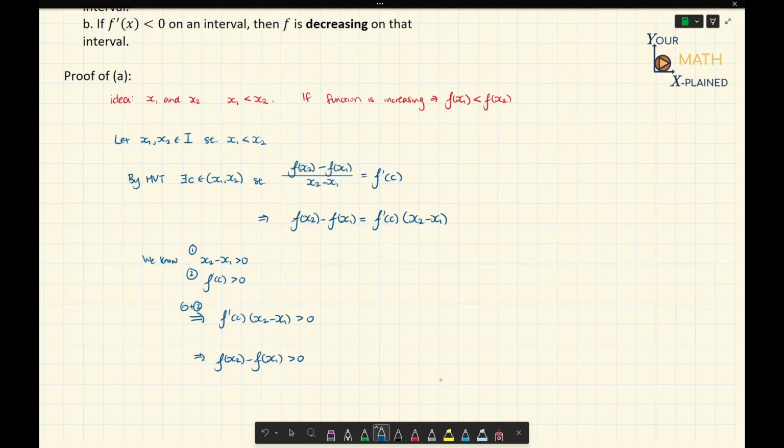And moving f of x1 over to the right side, we end up with f of x2 is greater than f of x1, which is exactly what we wanted to show. So therefore, we have proved that f is strictly increasing on our interval I.